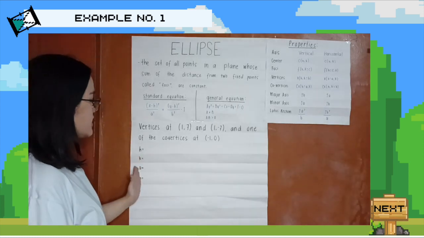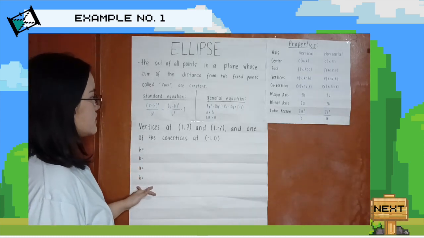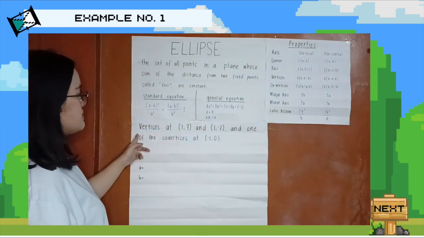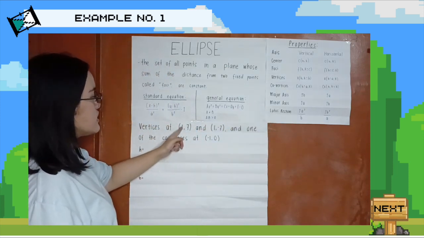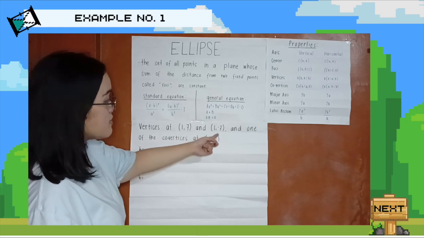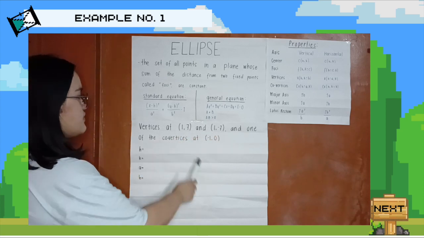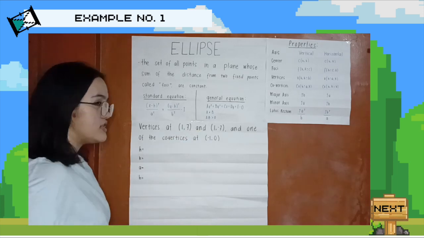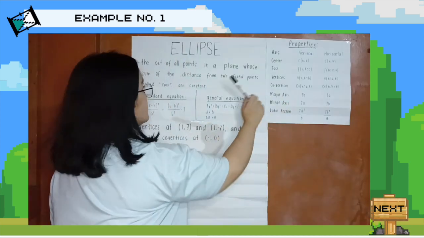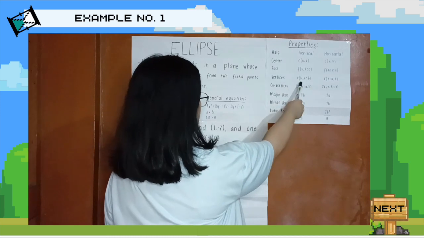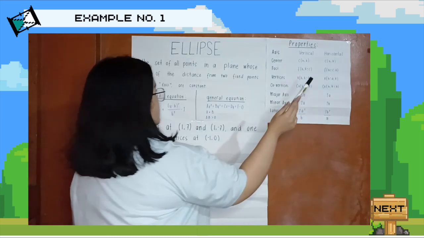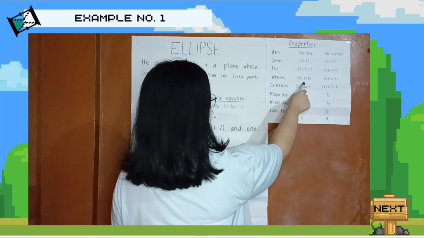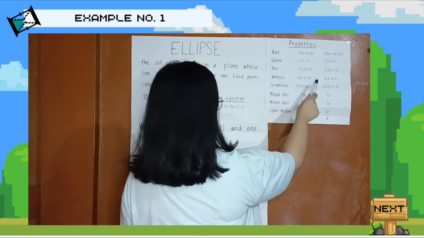To solve for h, k, and b, we need to refer to this table. As we can observe, the vertices at (1, 7) and (1, -7) have the same x-coordinate, so the ellipse is vertical. We will be using (h, k plus or minus b).